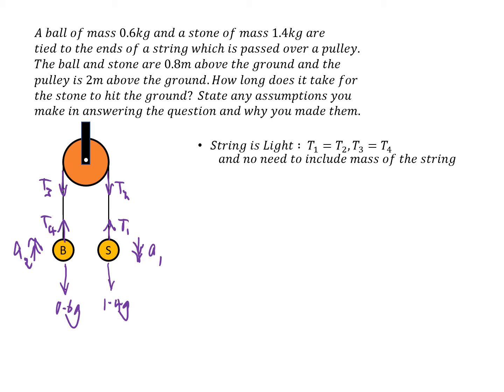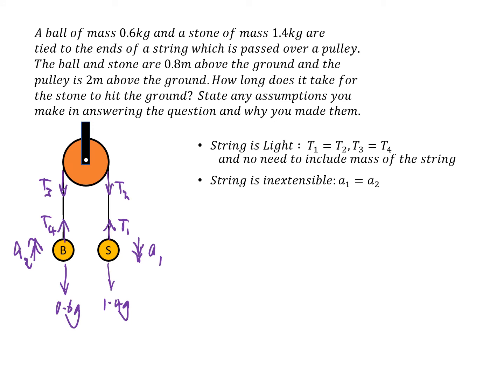If the string wasn't light, then T2 would be a little bit bigger than T1. Also, T3 and T4 will be the same if the string is light. And of course, we don't need to include the mass of the string in our calculations. So that's a nice simplifying assumption.